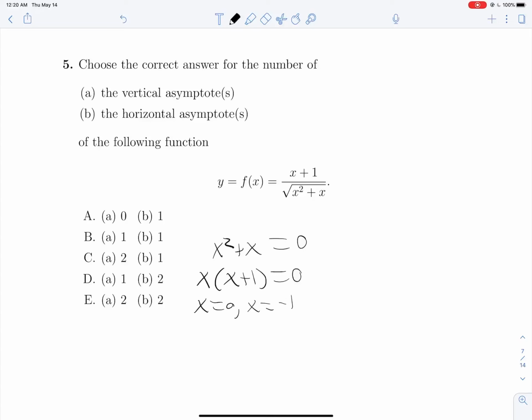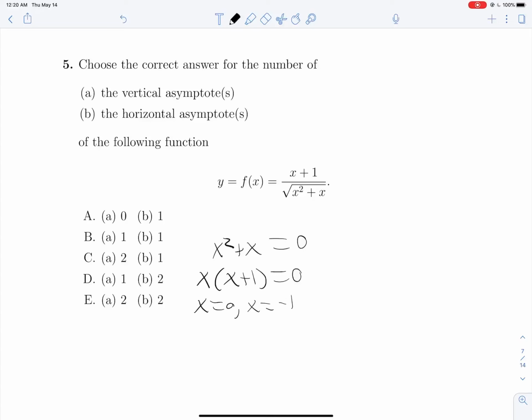Now for horizontal asymptotes, what we're going to be thinking about for this question is the limit of f of x as x approaches -infinity and the limit as x approaches infinity of f of x. Because what we'll see is that these actually end up being different values here.